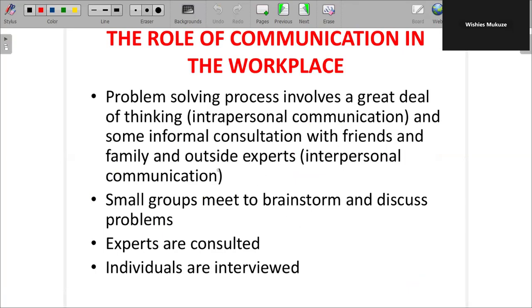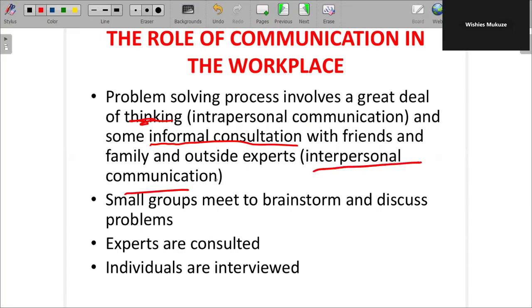So you can find that the problem solving process involves thinking, which is intrapersonal. You need to think, right? And it also involves informal consultation with friends and family, or maybe with experts, which is what you call interpersonal communication.